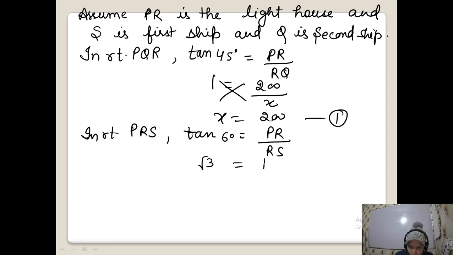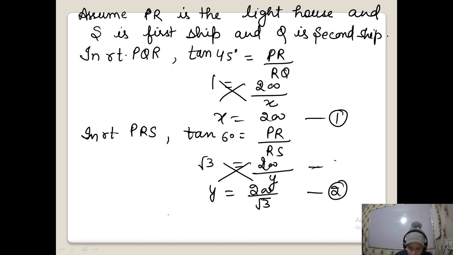PR is given 200 over RS is given y. By cross multiply we find that y is equal to 200 over root 3. That is your second equation.